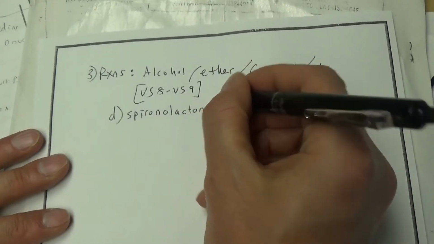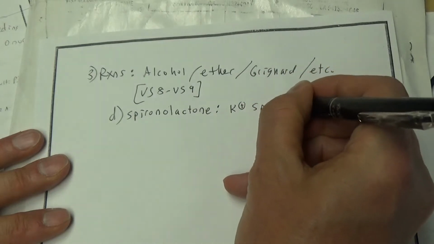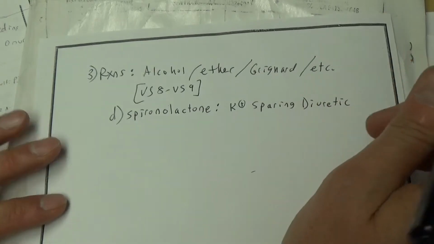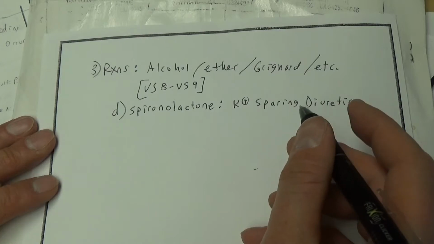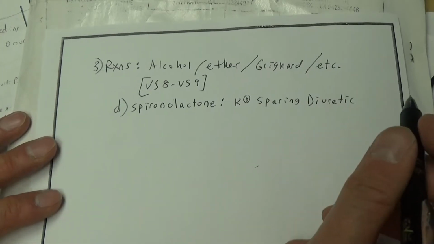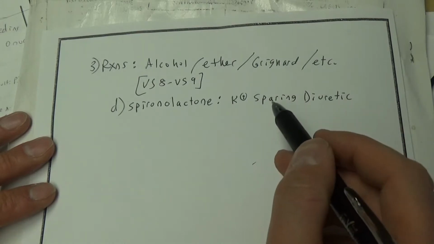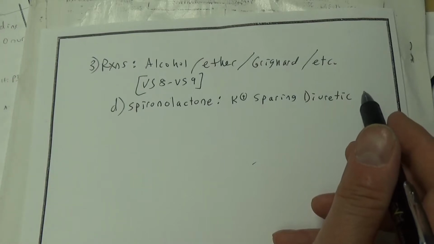It is a potassium-sparing diuretic. It's not a hormone, the way estradiol was. But it does have the general steroid skeleton that you're used to. Okay, so what kind of diseases do diuretics treat, and what do diuretics do?